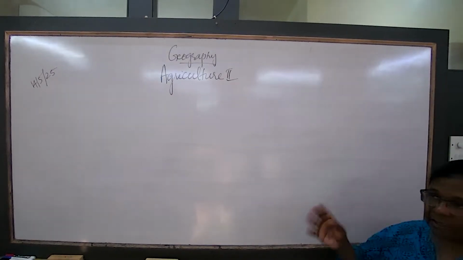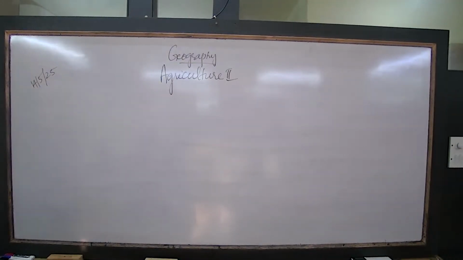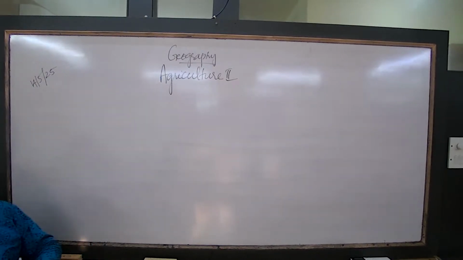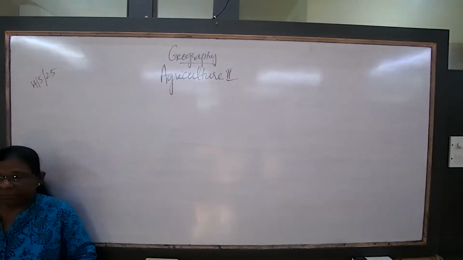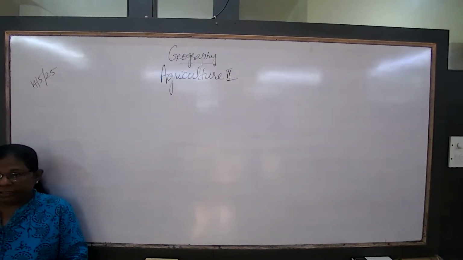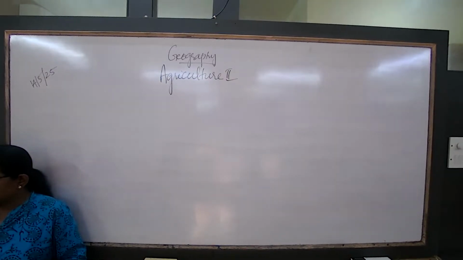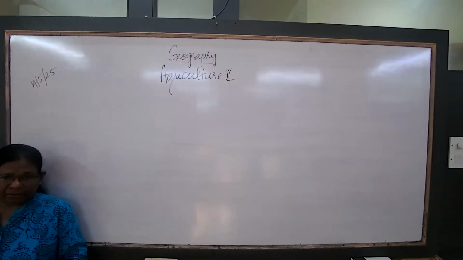You have learned nicely. Let us see today about the different types of food crops, different cropping seasons of agriculture, and for each crop, what climatic conditions are required. Agriculture is the mainstay of the Indian economy.